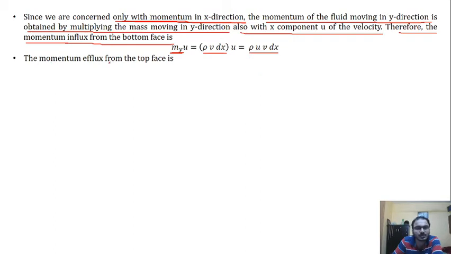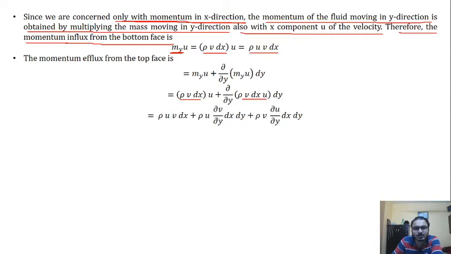The momentum efflux from the top face is given by my into u plus del over del y of my into u into dy. That is also similar to the previous formula. So again we can put these values, rho v dx, and here same as it is, rho v dx. So the differentiation is given by this formula here.